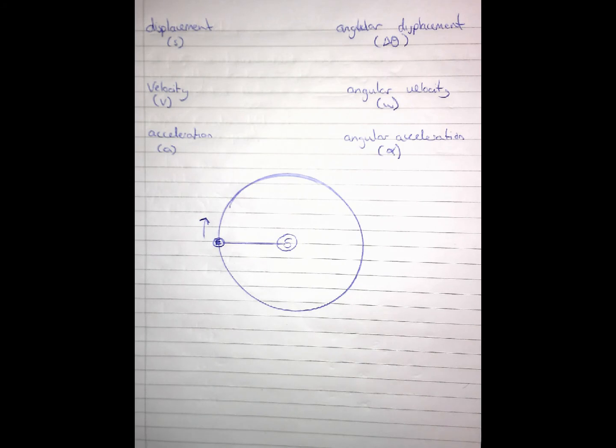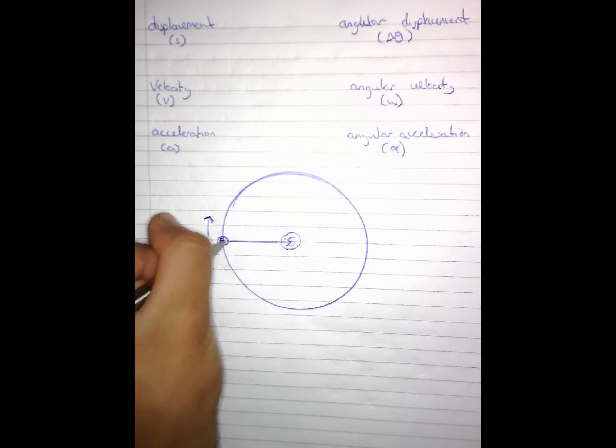Okay, so we're now going to have a look at these definitions and explore how they apply to a familiar situation involving circular motion. So here we've got a top-down view of the Earth's orbit around the Sun.